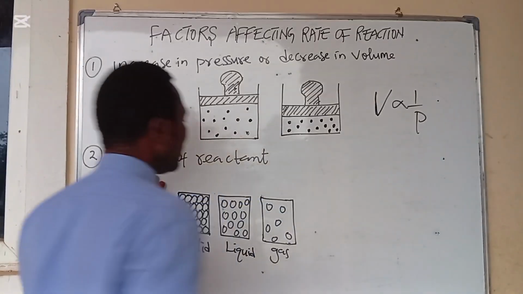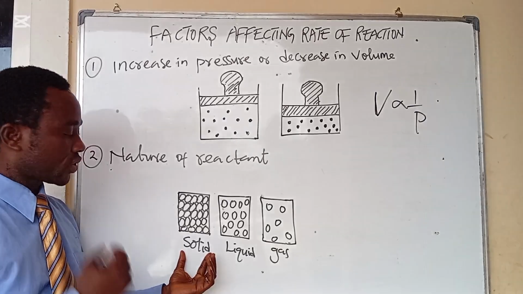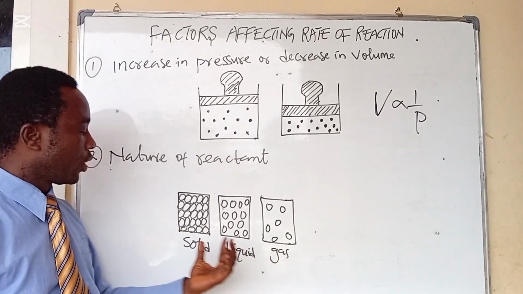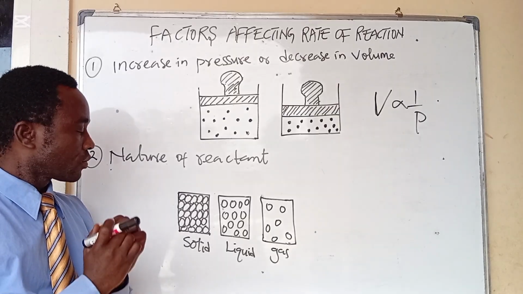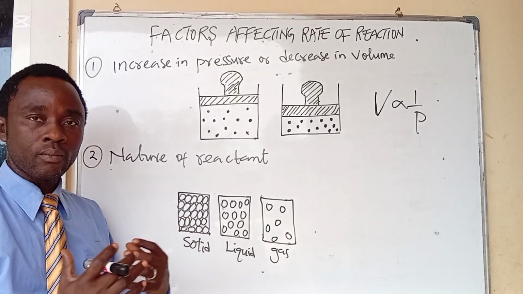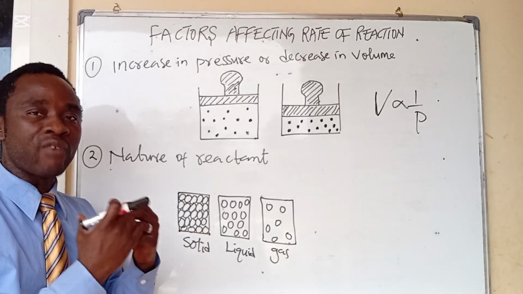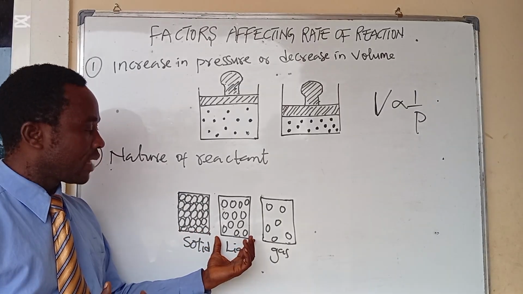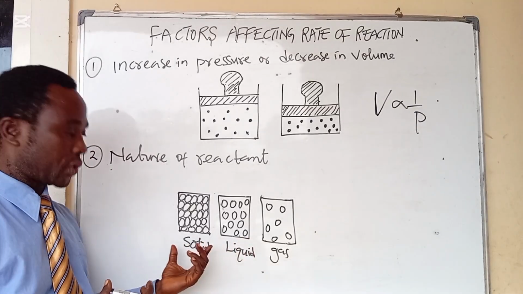Then number 2 is nature of the reactant. You look here, this is solid, liquid and gas. We know that the particles of the solid are more compact, which makes movement restricted. So the particles of the solid can only vibrate. But the liquid, their molecules are further apart when you compare it to solid.